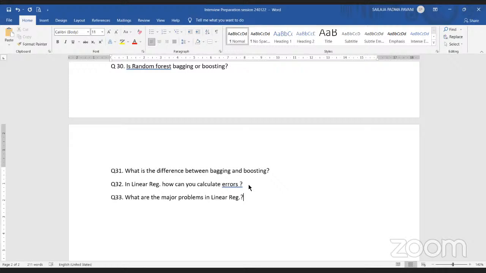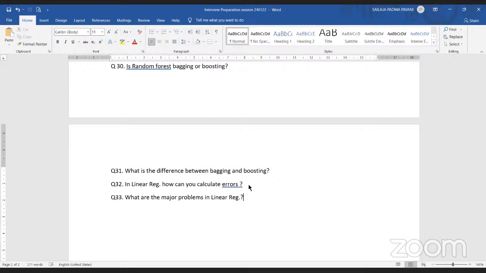Another thing is non-constant variance: if you consider any error term, a non-constant variance will exist.